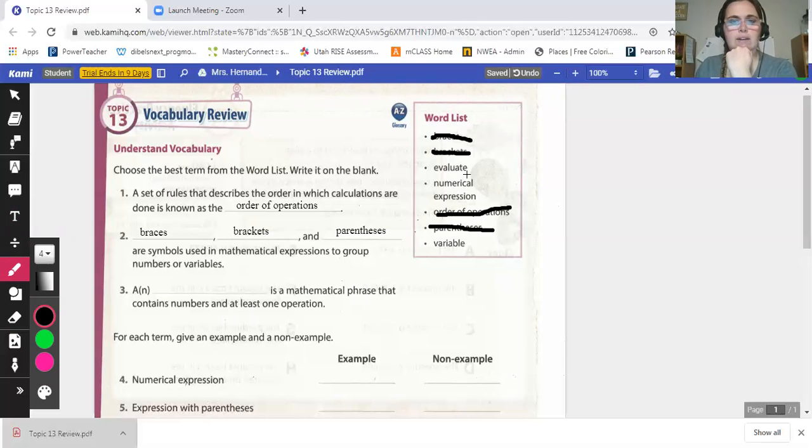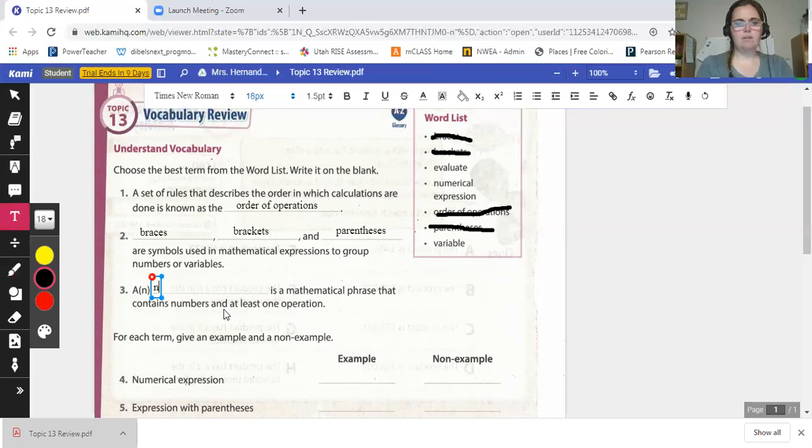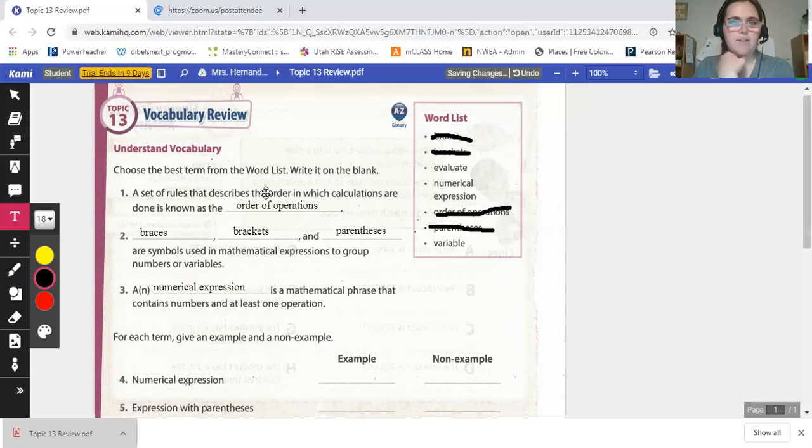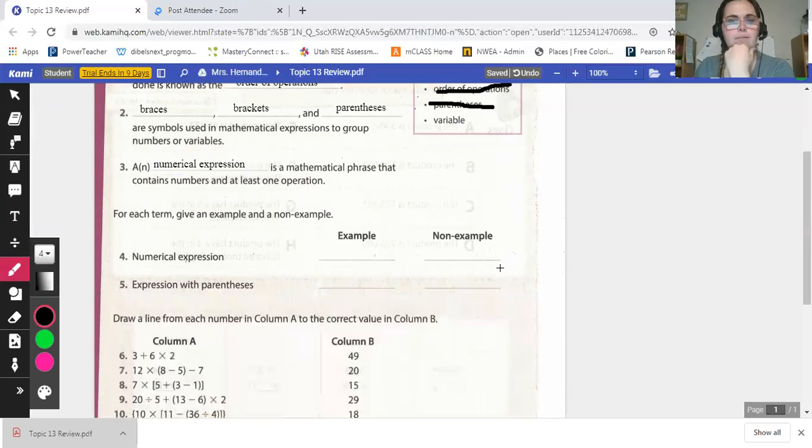Well, evaluate's a verb, so that doesn't fit. Numerical expression, that's a noun, and variable, that's a noun. Which of these two fits the best? A blank is a mathematical phrase. I don't think a variable is a phrase, so I'm left with my last option, numerical expression. All right, so I've used those, and I think that gets me to a point where I am done. I have two left anyway, but they weren't called for.